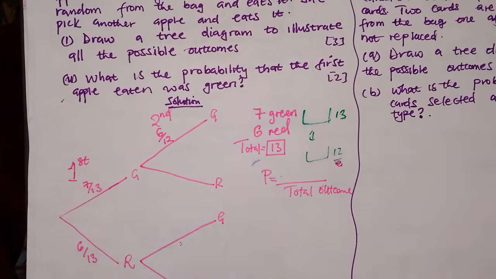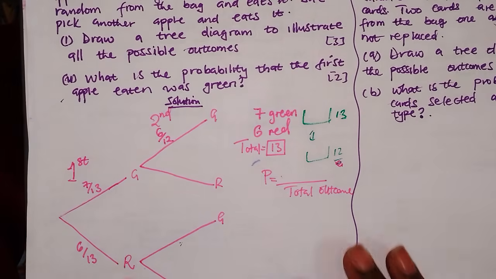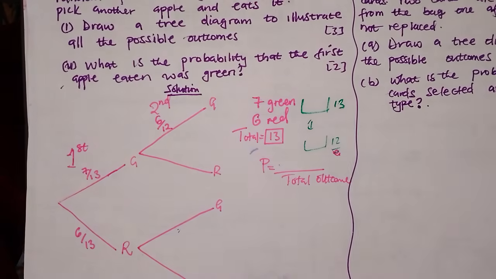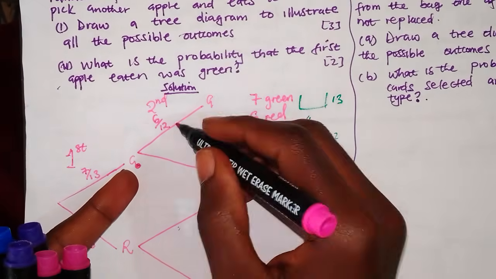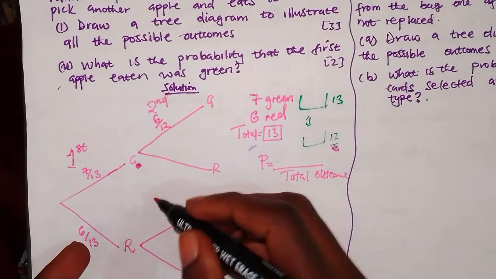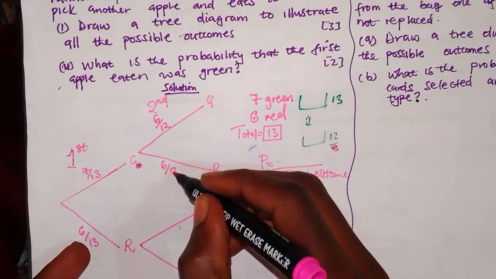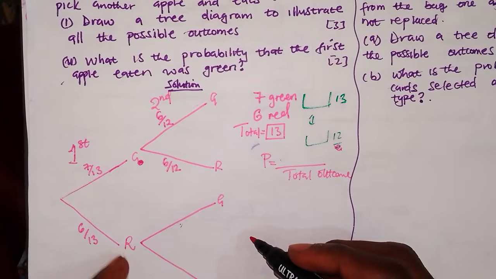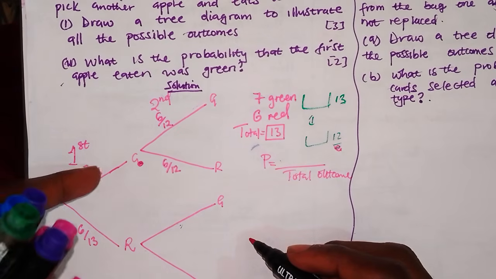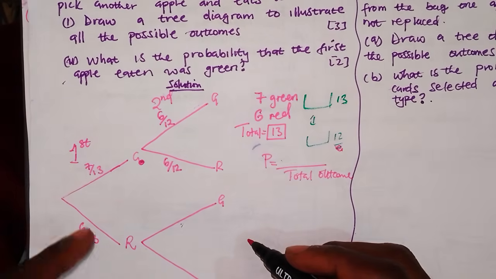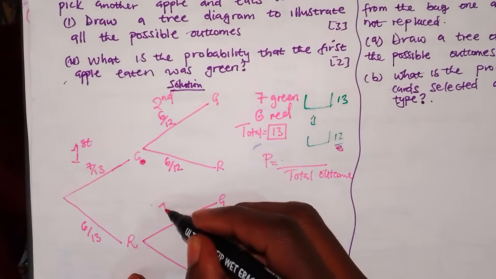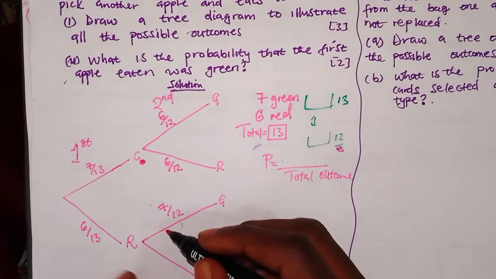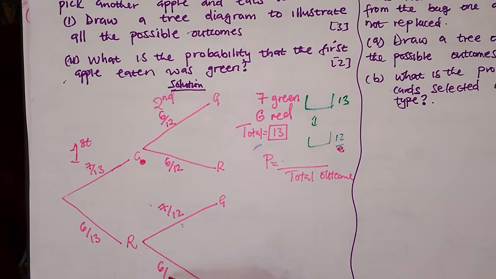So a trick which you can use here in case of time, just know that if you have green, only green will be affected, red won't be affected. So you just say 6/12. Then when you come to red, remember green won't be affected because she ate a red apple. So you just say 7/12. Then here you say 6/12.